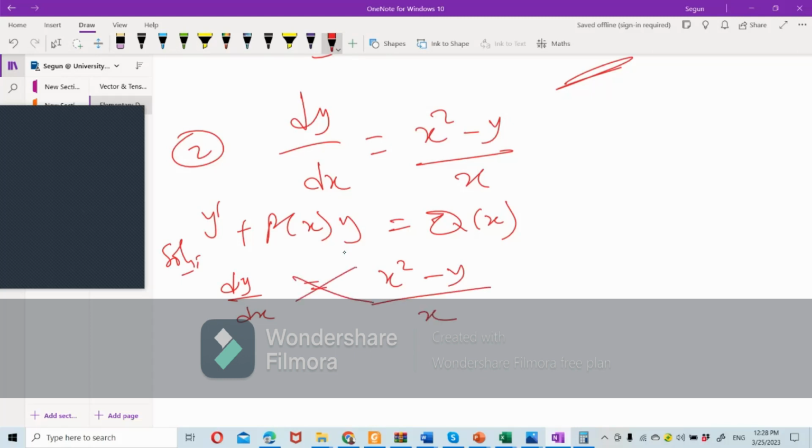So let's cross multiply. When you cross multiply, what do we have? We have x dy equals to x squared minus y dx.